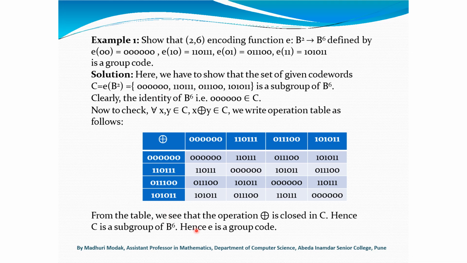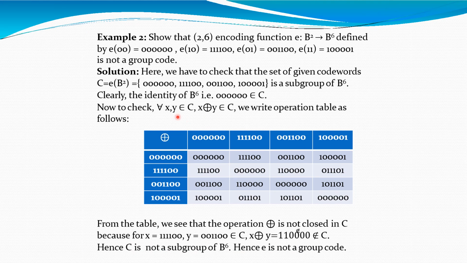So we can say that the ring sum operation is closed in C, and hence the closure property and the existence of identity, both properties, are satisfied by C. Hence, the set of all code words is a subgroup of B^6. So, by definition, we can say that E is a group code. Now, second example: show that the (2,6) encoding function E from B^2 to B^6 defined in this way is not a group code.